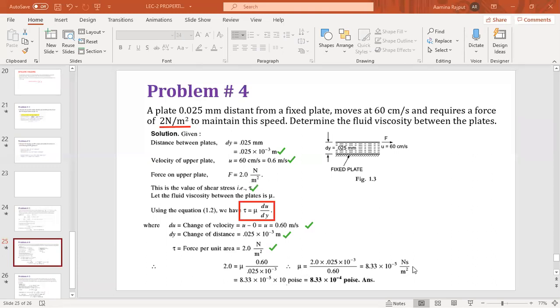The units here will be Newton second per meter square. So we have the value 8.33 × 10 to the minus 5 Newton second per meter square. And in order to convert it to poise, we will have to multiply it by 10. As you know, the value in poise is greater, so it has to be multiplied by 10. So we get 8.33 × 10 to the minus 4 poise.